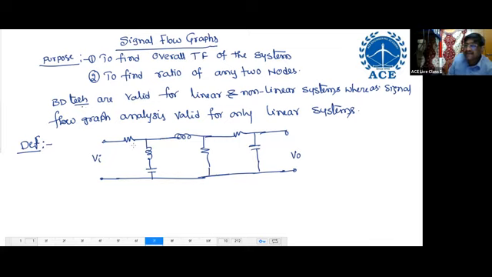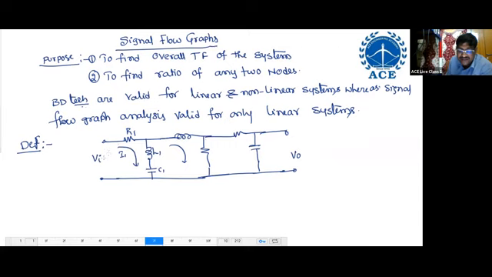first, basically, you have to write the KVL equations. If you write the KVL equation without applying Laplace, what will you get here? If you consider current I1, here R1, here L1, C1, what will I get?